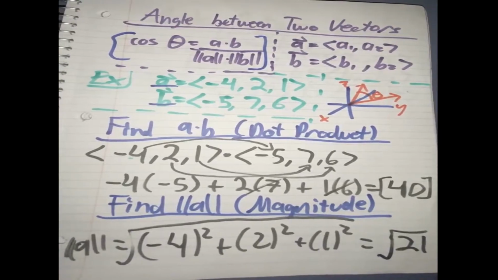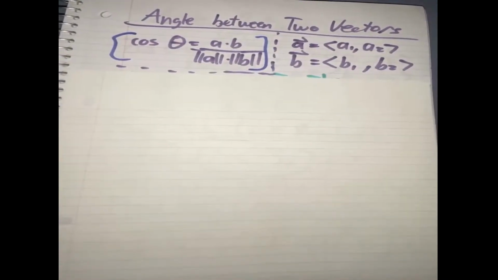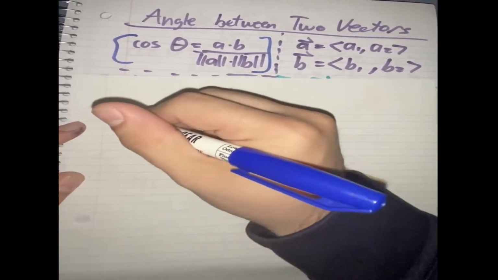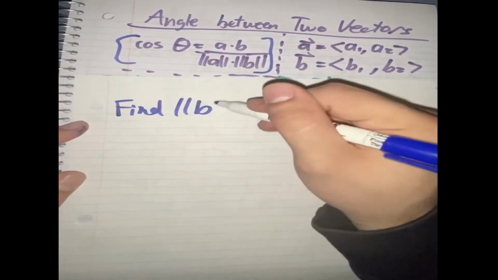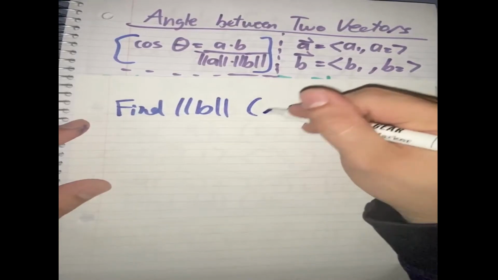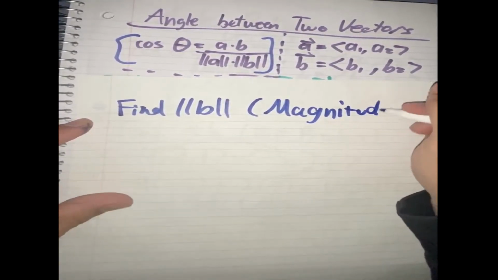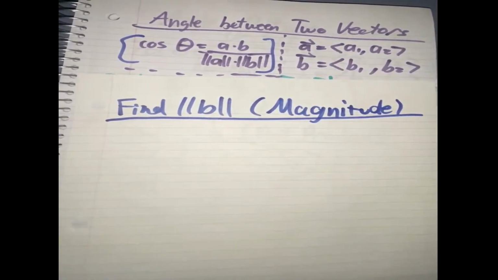The next step is to compute the magnitude of vector B. Always use the double bar notation for magnitude, because single bar notation is absolute value, but double bar notation indicates magnitude.